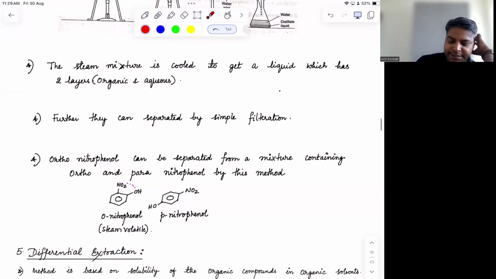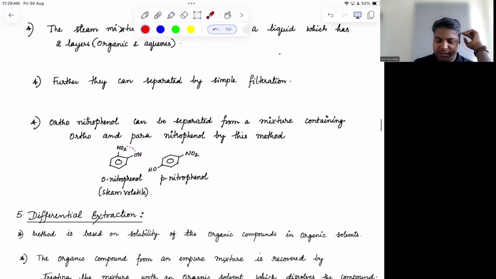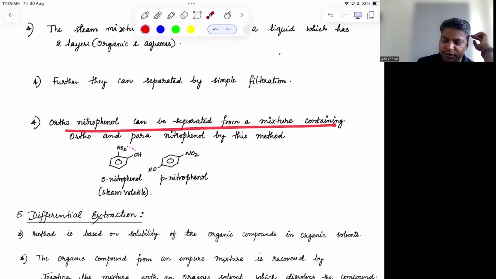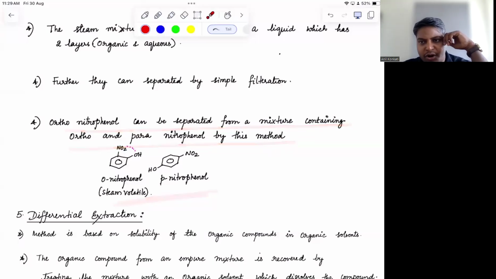You can see the steam mixture is cooled to get a liquid which has two layers. Further, they can be separated by simple filtration. Orthonitrophenol can be separated from paranitrophenol using this. So wherever you have ortho and para cases, they all can be extracted via this steam distillation.